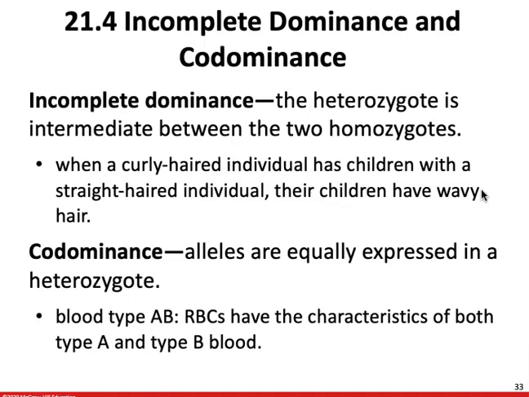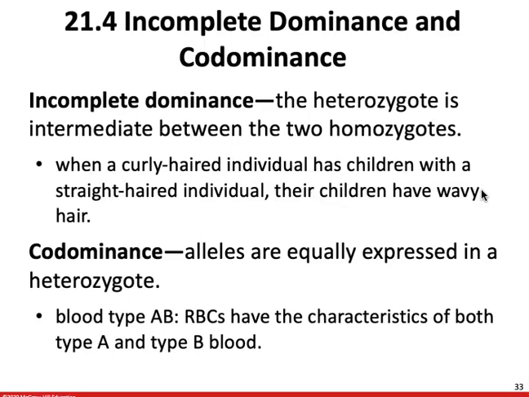So, incomplete dominance. Curly hair isn't more dominant than straight hair, and straight hair isn't more dominant than curly hair. You'll also see this incomplete dominance in flowers. If you cross a red flower with a white flower and end up with a pink flower, that's an example of incomplete dominance, where there isn't really one trait that's more dominant than the other.